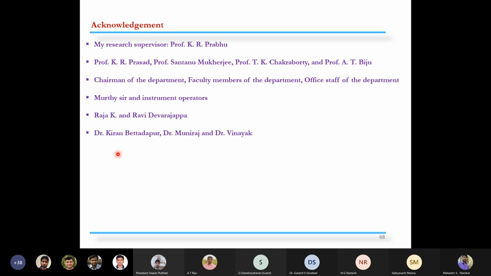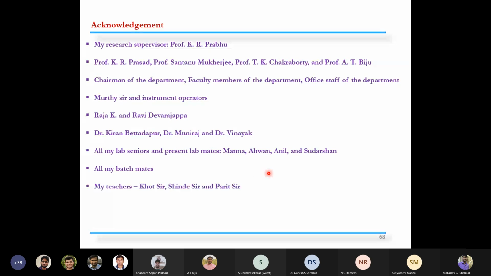My seniors, Dr. Kiran Bettadapur, Dr. Muniraj and Dr. Vinayak, for their helpful suggestions during my PhD time. I would like to thank all my lab seniors and project lab mates, that is Manna, Avan, Anil and Sudarshan. I would like to thank all my batchmates, and especially my past teachers, the Coach sir, Shinde sir and Parit sir.